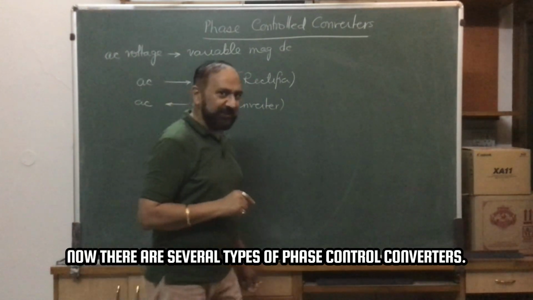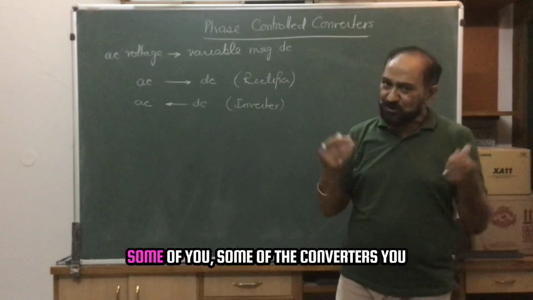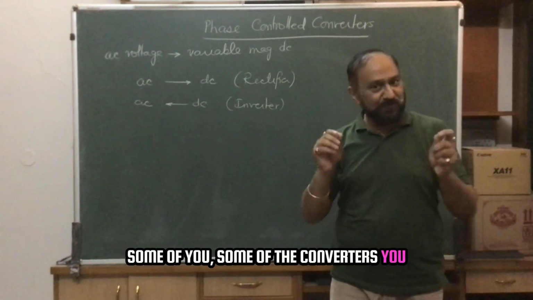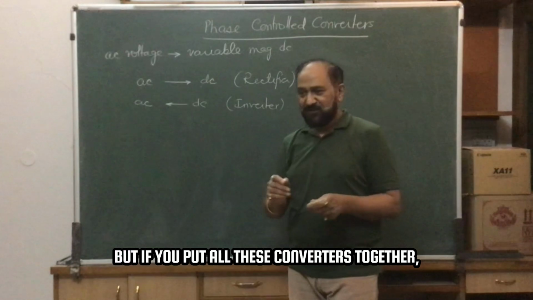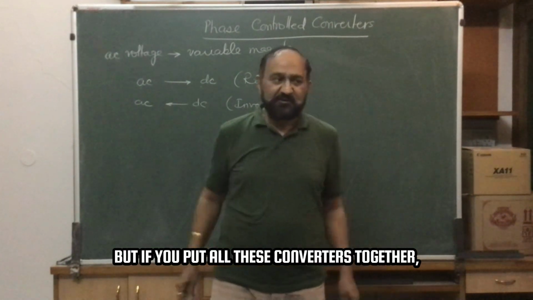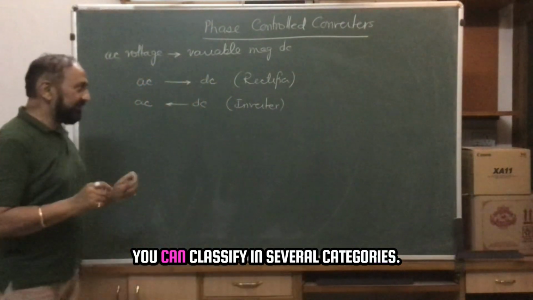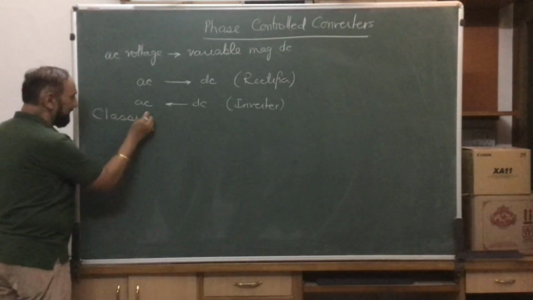Now there are several types of phase controlled converters. Some of the converters you must have studied in your previous course. But if you put all these converters together, you can classify them in several categories.